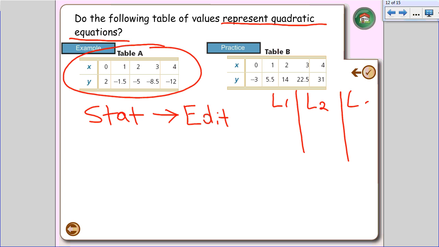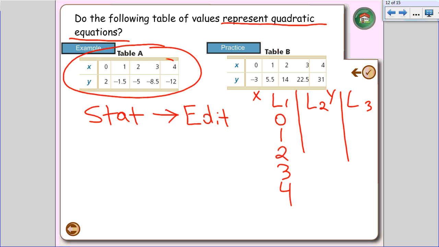You can click in the numbers there. So write in 0, hit enter. 1, hit enter. And then keep doing that. And I'm taking these values from the table of values over here. In L2, use these values.